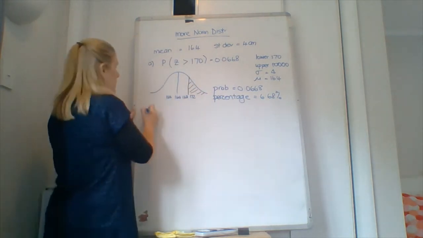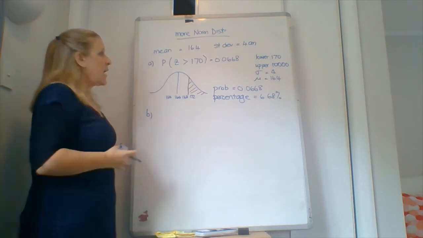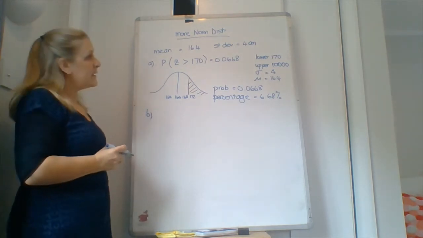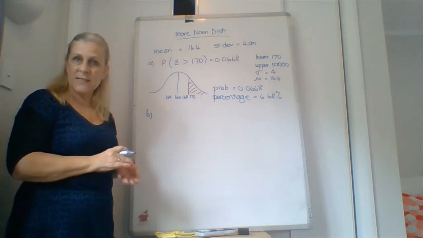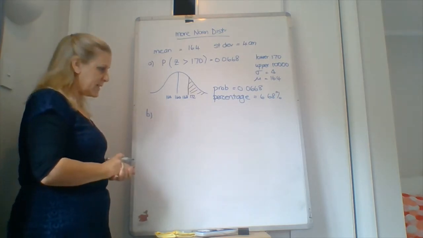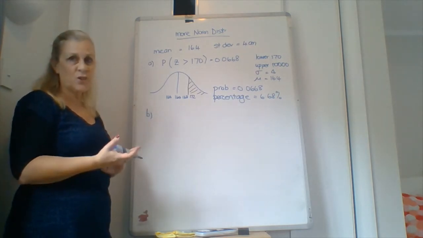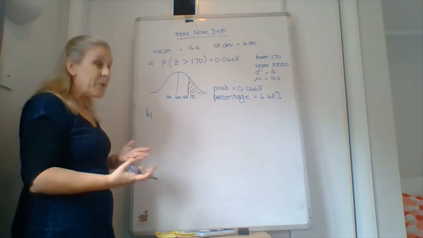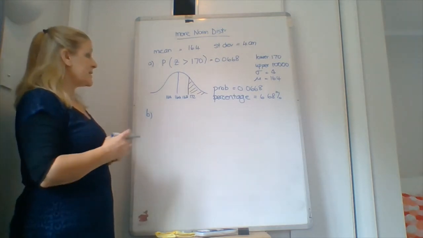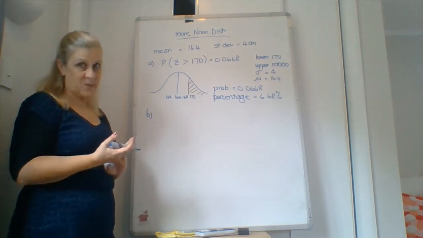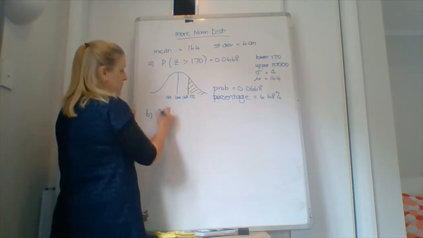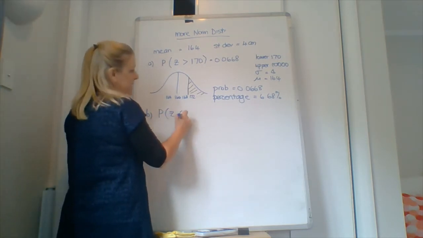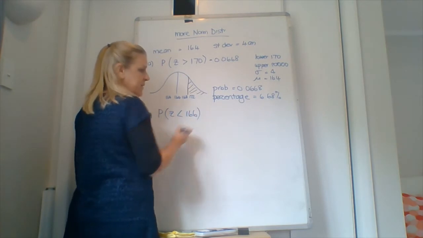So another question might be, if Mrs. McEwen's class is representative of all Year 12 classes, and out of 200 students, how many would I expect to be less than 166 centimetres tall? So the probability of being less than 166 centimetres tall.